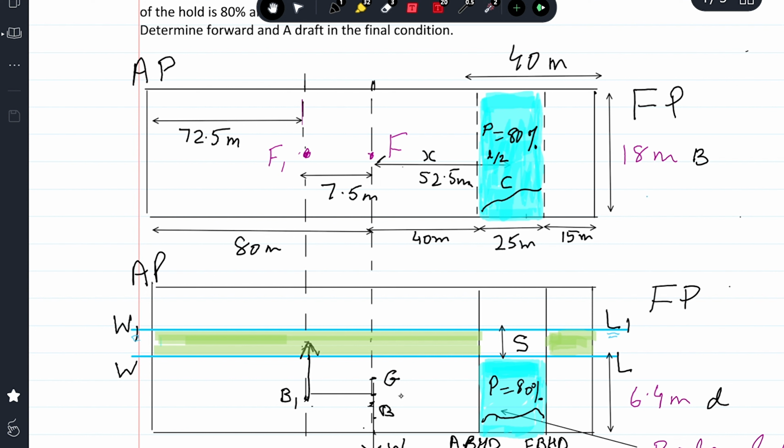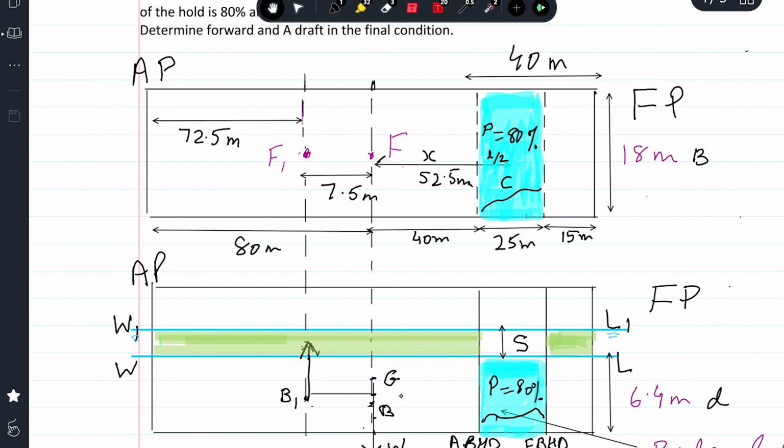So as we know, the ship must continue to displace the weight of water equal to its own weight. The ship's weight has not changed. So the ship has to displace the weight of water equal to its own weight.